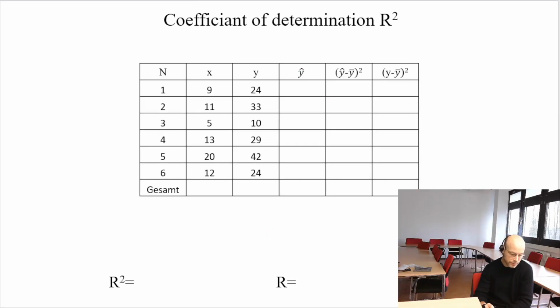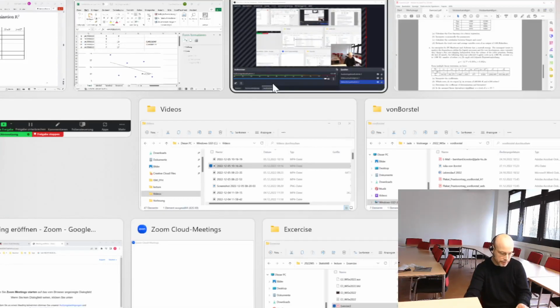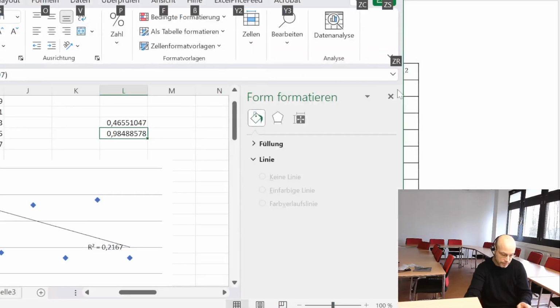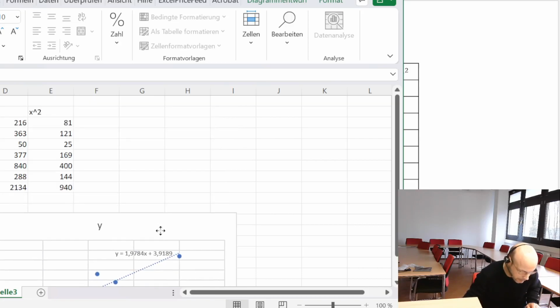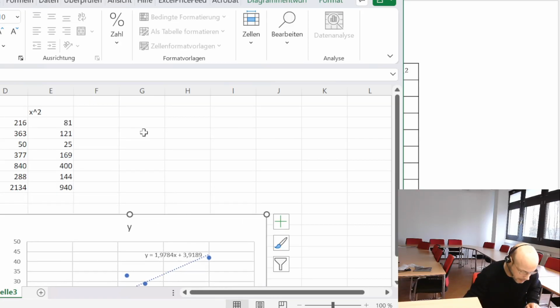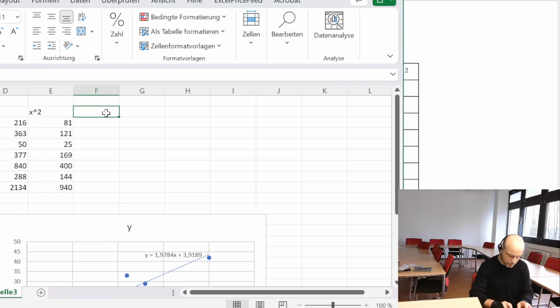And with this, of course, we can go again into our example and calculate these numbers. What do we need? We need now y hat.